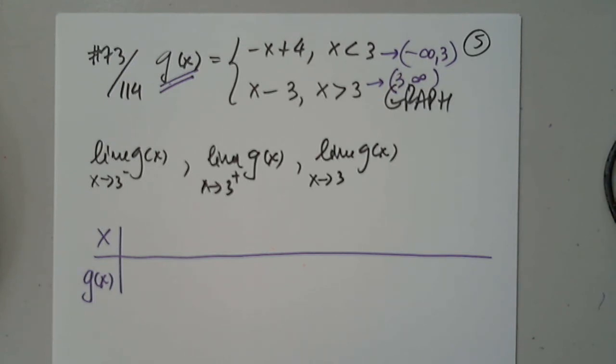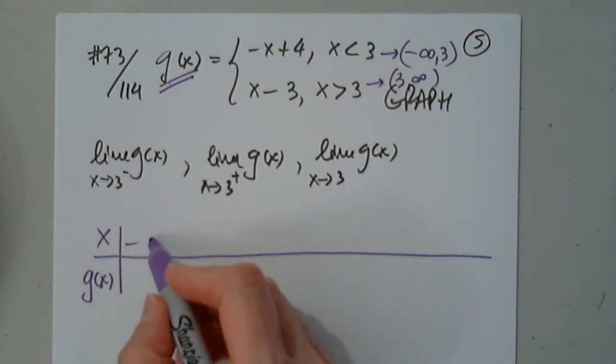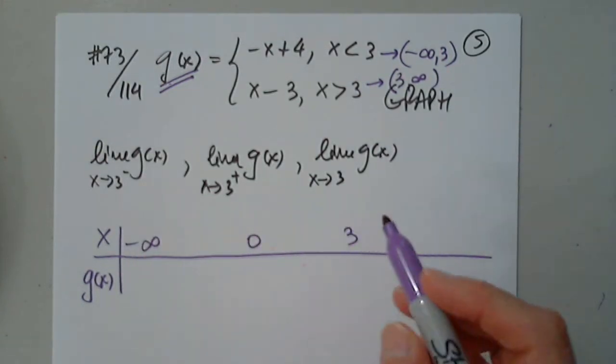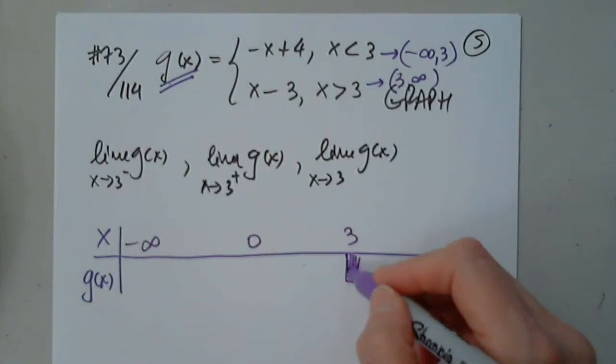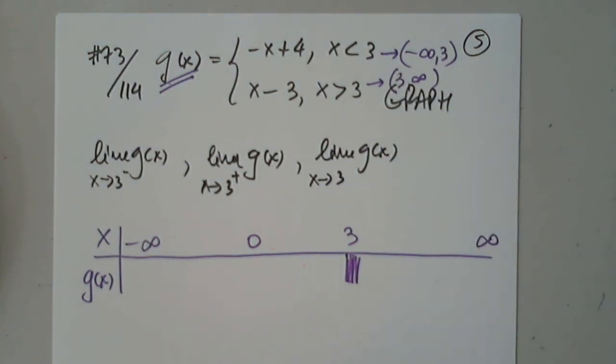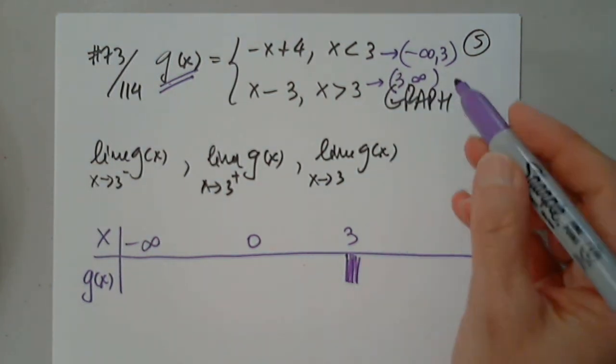Union of both. So what is the domain? Would it be negative infinity to 3 union? Awesome. Yes. Negative infinity to 3, union 3 to infinity. Awesome. Function is not defined at 3.